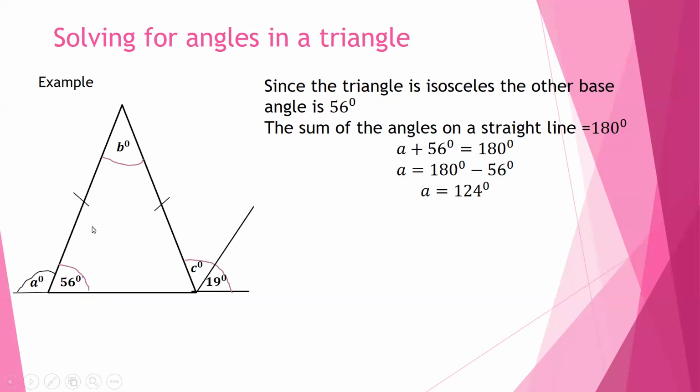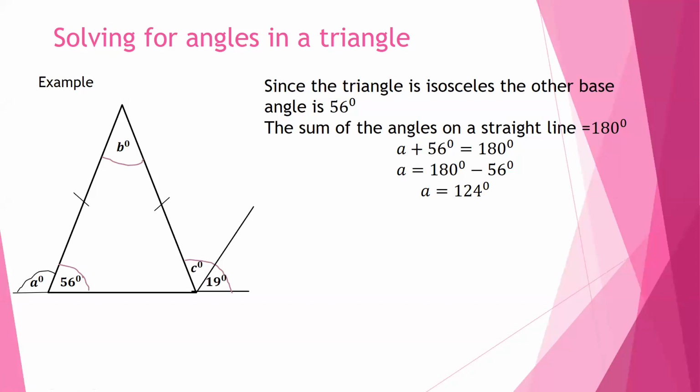A degrees plus 56 degrees should give us 180, isn't it? So we have A plus 56 degrees is equal to 180 degrees. You group your like terms and you have 124 degrees. So A here is 124 degrees.